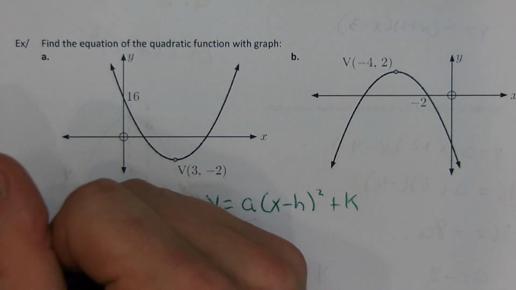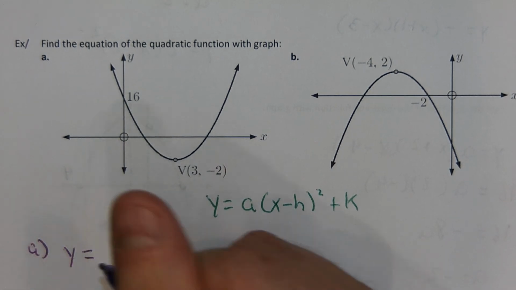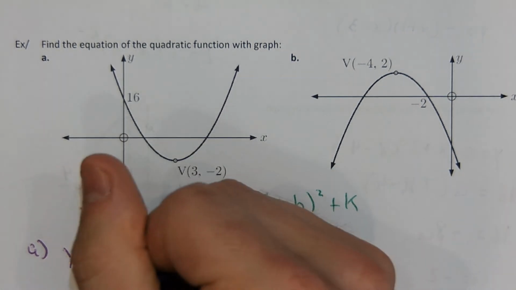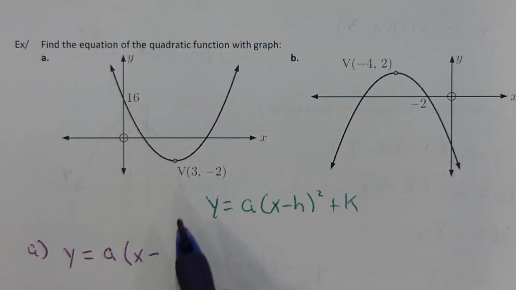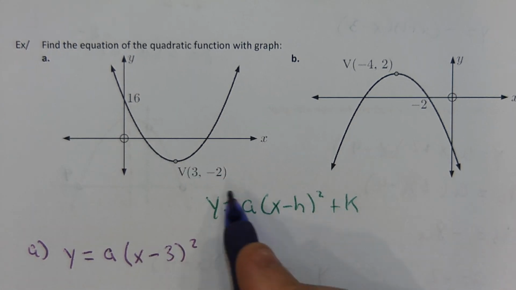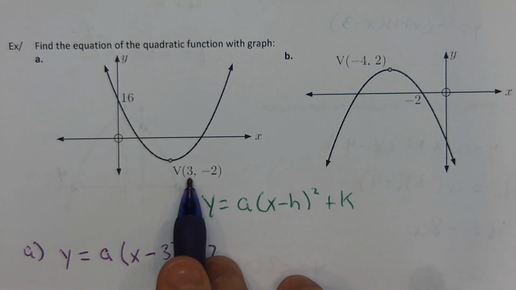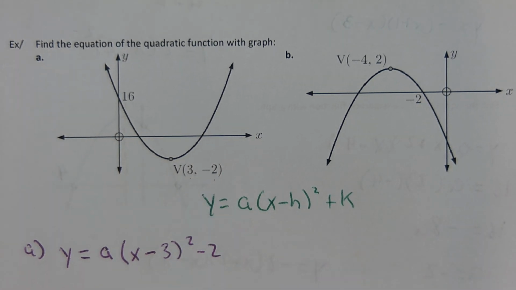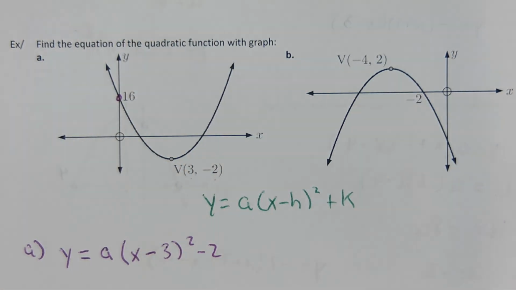So for the first one, we get y equals an unknown A value, (x - 3) squared minus 2. That's h, that's k. We can solve for the unknown a value using that coordinate right there of (0, 16).